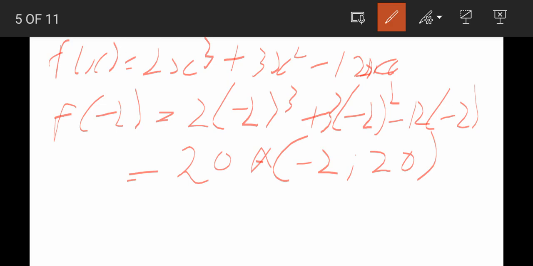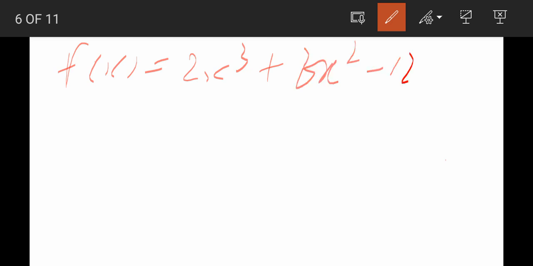Now let's get the coordinates for B. For B, again, we write out our equation originally so that we see it, 2x cubed plus 3x squared minus 12x. Now we want the y coordinate when x is equal to 1.